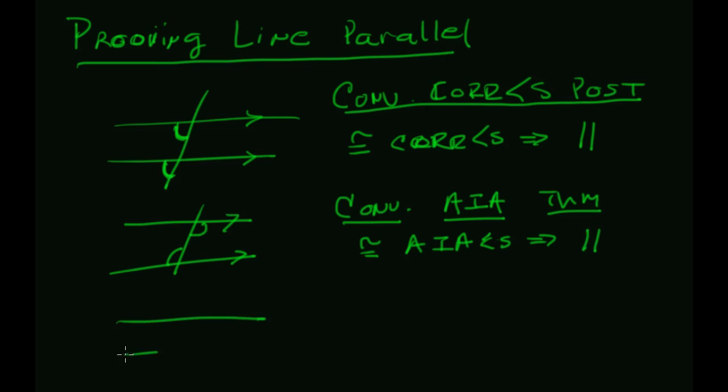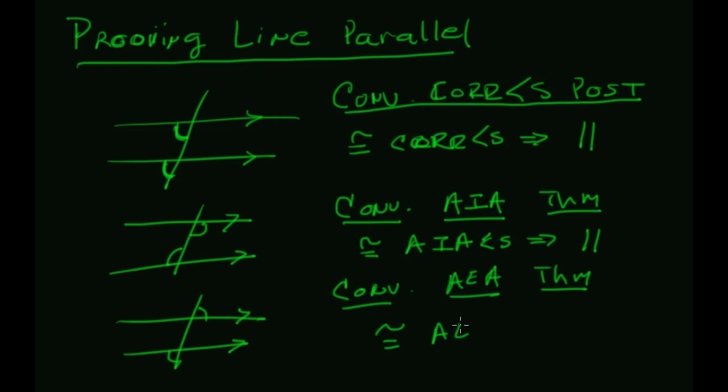We also got an alternate exterior angles theorem that said if the lines are parallel, then the alternate exterior angles are congruent. Here we get a converse to that: if I have congruent alternate exterior angles, then the lines are parallel.